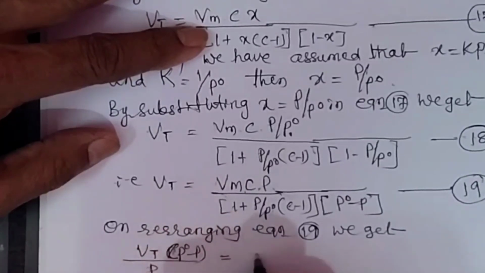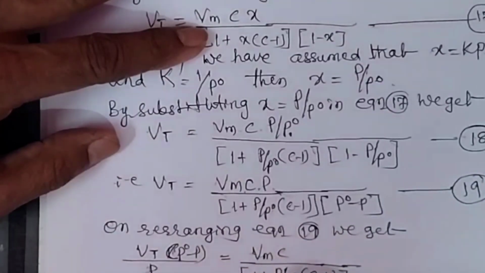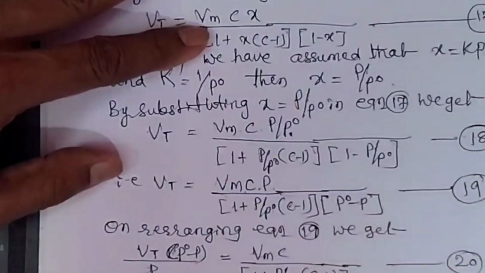This is equal to Vm C divided by 1 plus P divided by P naught into C minus 1. Suppose this is equation 20.